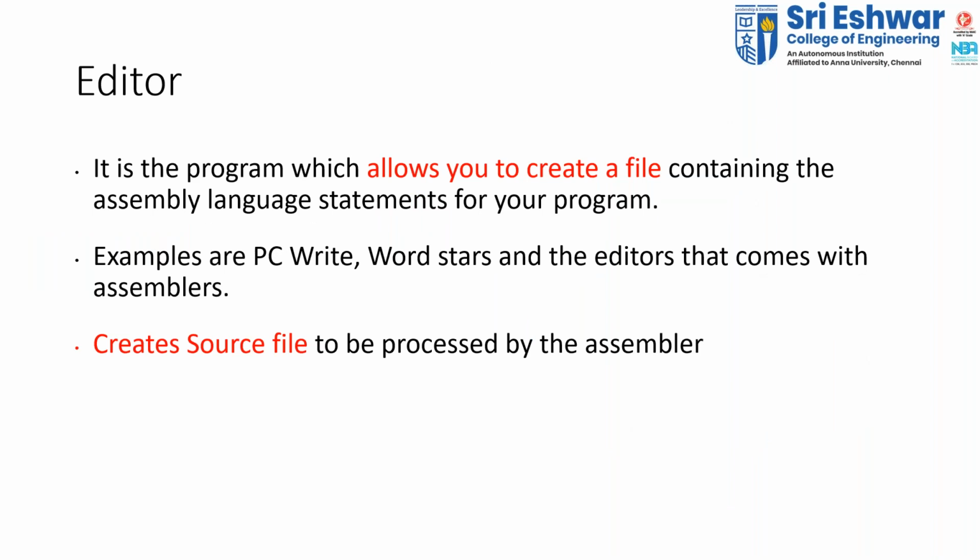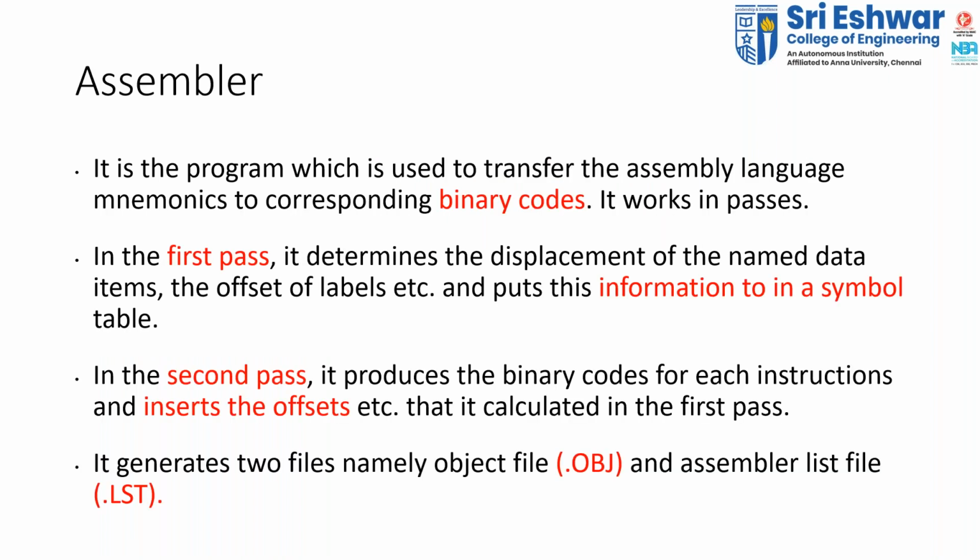This is what I have given here. Create a source file: this is the place where you put your program. Next, the assembler, as I told you, is used to parse the high level language into lower level assembly language, and it is responsible for generating object files and list files.